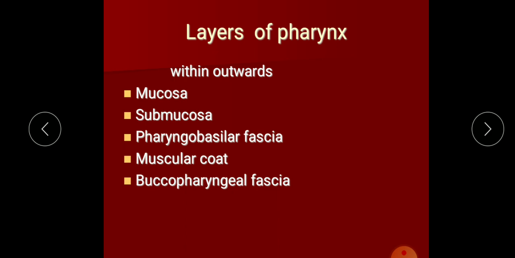So is it clear? So you find mucosa, submucosa, Pharyngobasilar fascia, the muscle coat characterized by inner longitudinal outer constrictors, and finally you get the buccopharyngeal fascia.